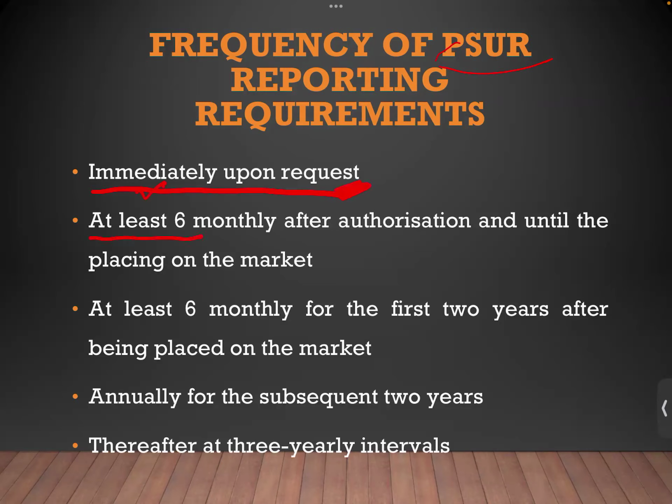Otherwise, at least 6 monthly for the first 2 years, as we discussed, then annually after the subsequent 2 years. Then in some places it is 3 yearly, and in some it is 5 yearly. ICH says 5 yearly, but some regulations ask for 3 yearly. Depending on which country you are in, you submit it.